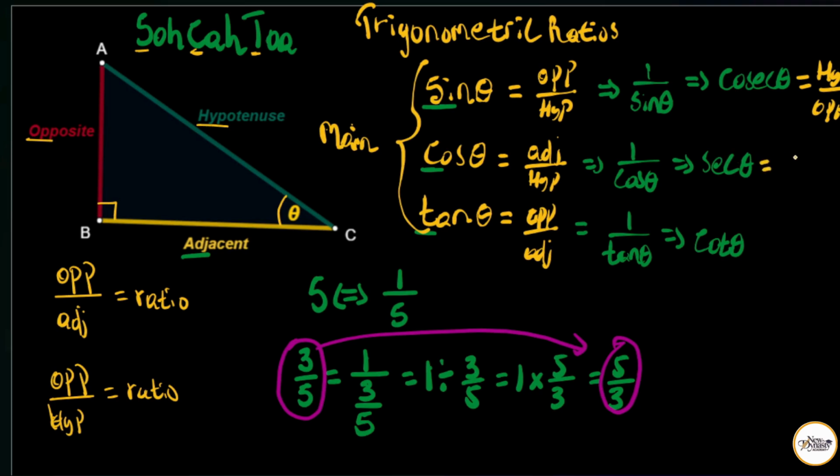Then your sec of theta is going to be the hypotenuse over the adjacent. That is just how you get your reciprocals, and that's how easy it is. I hope you do understand that. So that's basically how we define the trigonometric ratios together with their reciprocals.